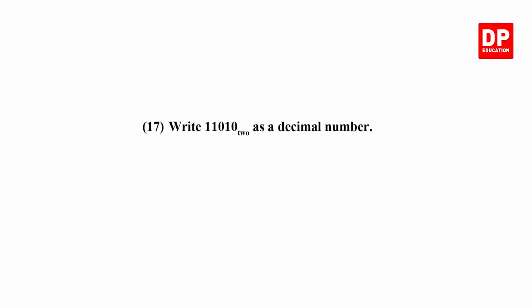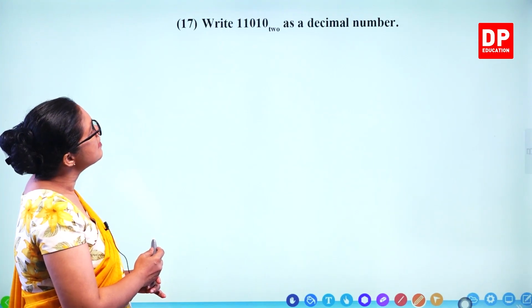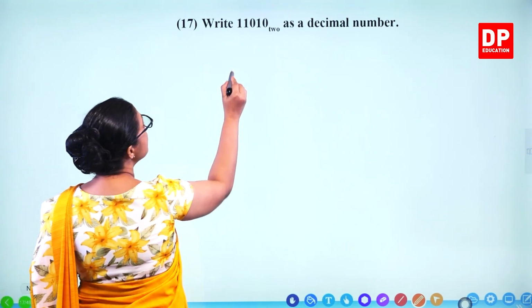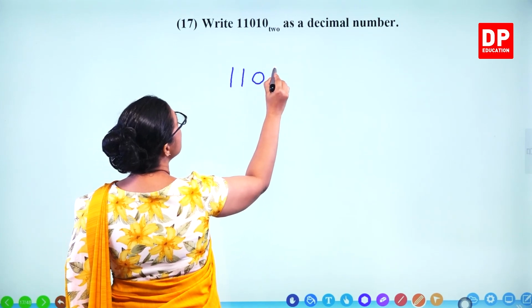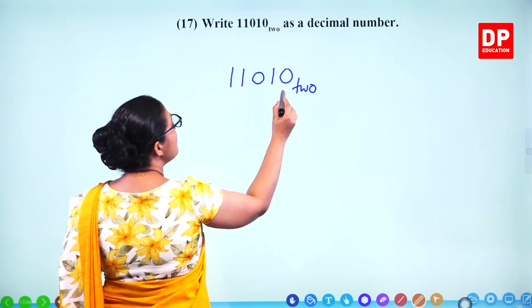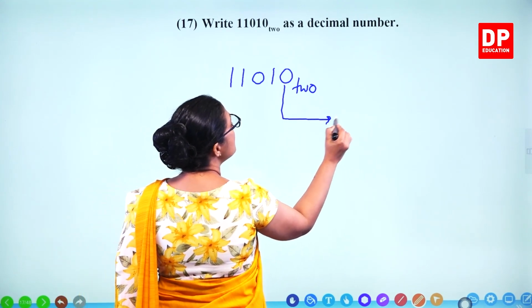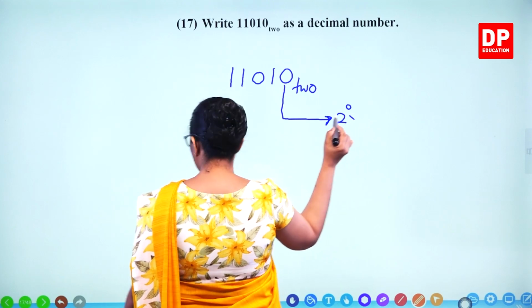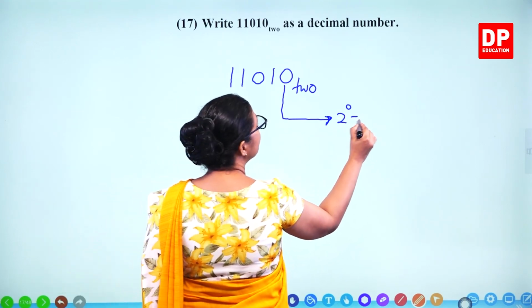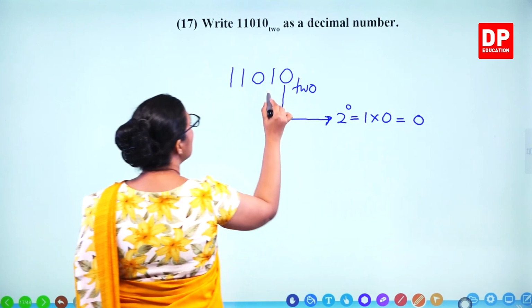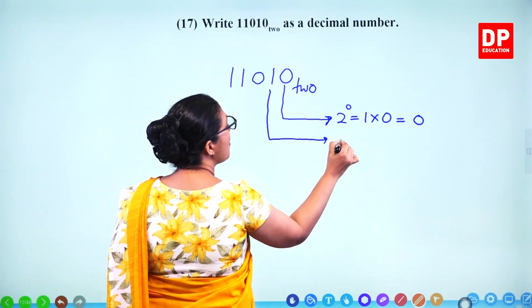Question number 17. Write this number in base 2 as a decimal number. That means base 10. 11010. So what does it mean here? This means 2 to the power 0. That means 1. 1 times 0, 0. What about this one? 2 to the power 1.